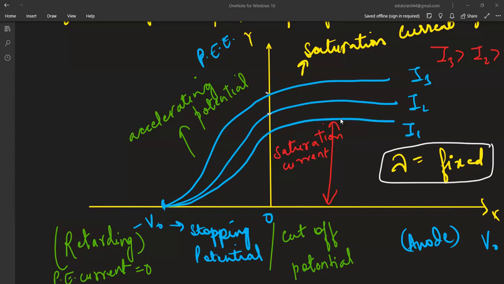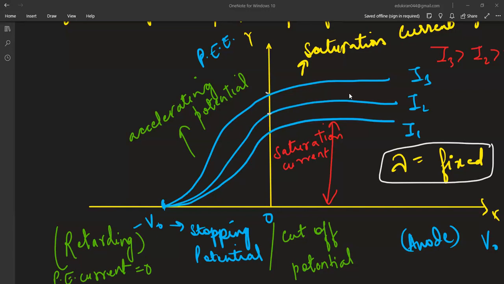This maximum value of current we call the saturation current. If you increase the intensity, the magnitude will rise further, the photoelectric current will increase because it is directly proportional to intensity.